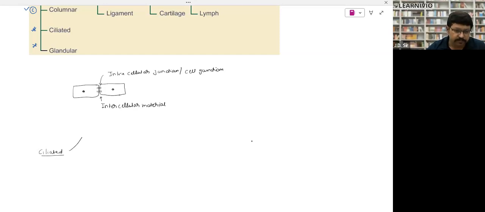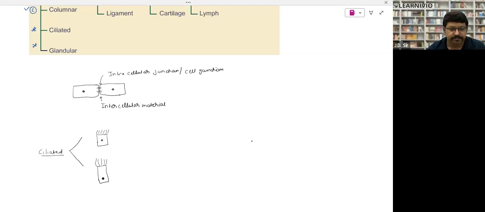When a cuboidal tissue or columnar tissue develops cilia at its free surface.